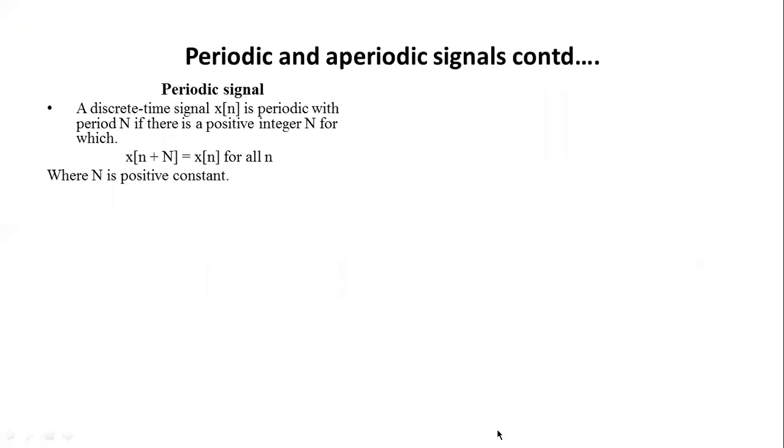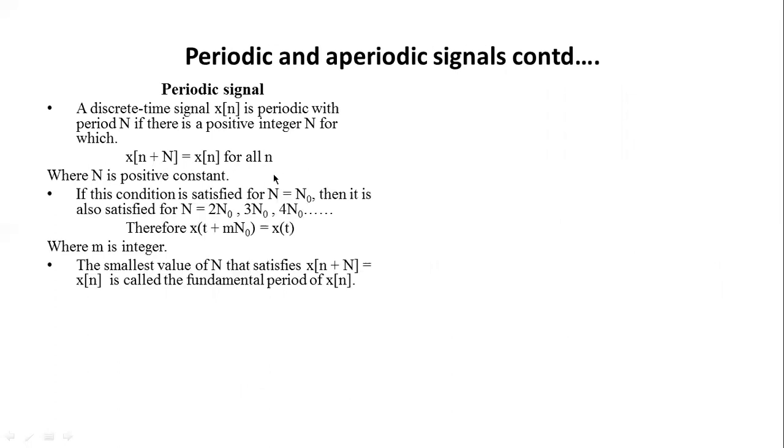Now for the discrete time signal, this definition is similar to the continuous time signal. A signal is a periodic signal if it is going to repeat itself and it satisfies this criteria for all values of n. Now again, any signal which satisfies this criteria for a particular N naught will satisfy this criteria for 2N naught, 3N naught, 4N naught, and so on.